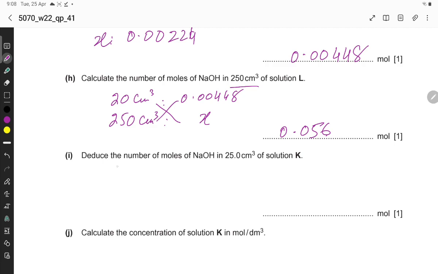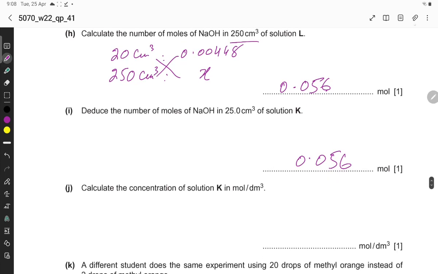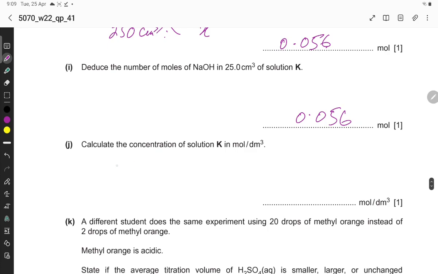Deduce the number of moles in 25 centimeter cube of the solution K. So the same number of moles over here, 0.056. Calculate the concentration of solution K in mole per dm cube.